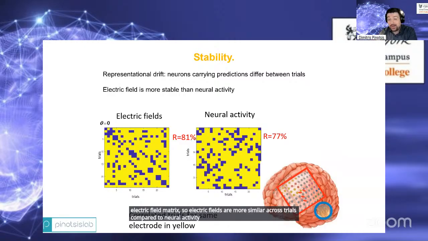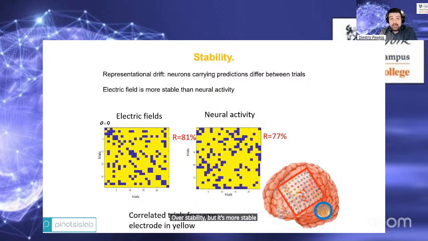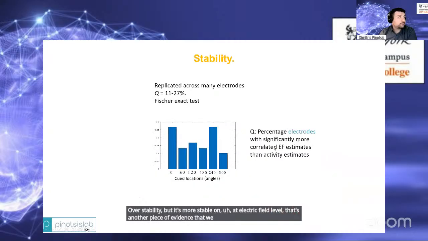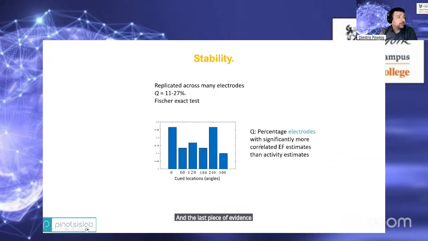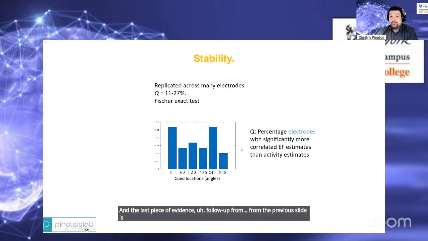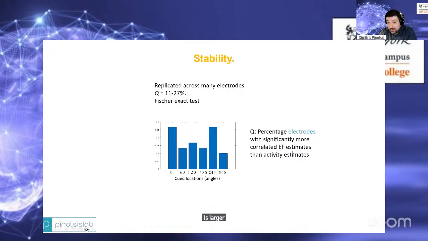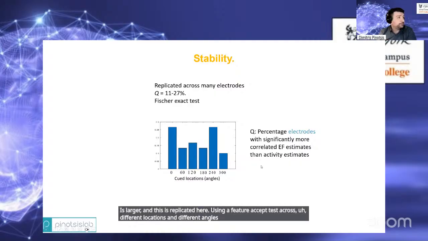Of course, this is a memory paradigm, right? So there is some correlation across trials. There is some overall stability, but it's more stable at the electric field level. That's another piece of evidence that we have. And the last piece of evidence, a follow up from the previous slide, is that the percentage of electrodes with significantly more correlated EF estimates is larger, and this is replicated here using a Fisher exact test across different locations and different angles.